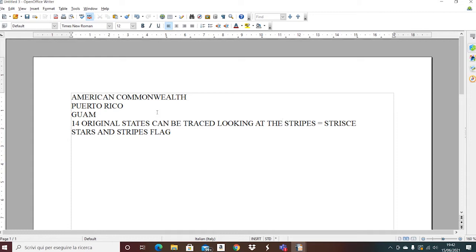So the stripes are the original states, the founding states, while the stars are all the contemporary states. So what nowadays is a state, you'll find it in the stars.